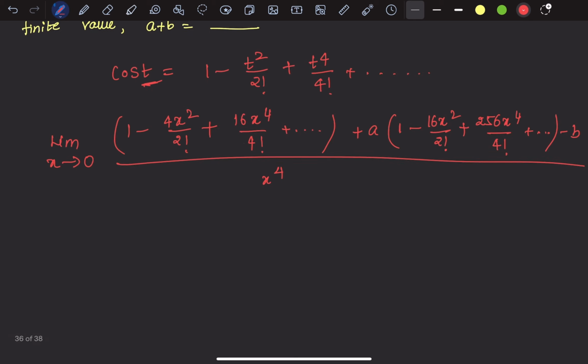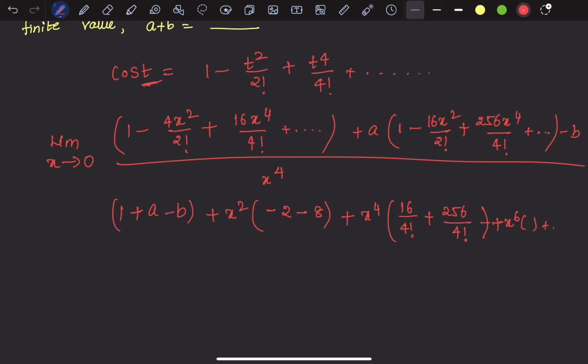So the constant term in the numerator is 1 plus a minus b. The coefficient of x square is minus 4 by 2 is minus 2, minus 16 by 2 is minus 8, plus the coefficient of x to the power 4 is 16 by 4 factorial plus 256 by 4 factorial, plus x power 6 multiplied by something plus and so on, divided by x to the power 4.